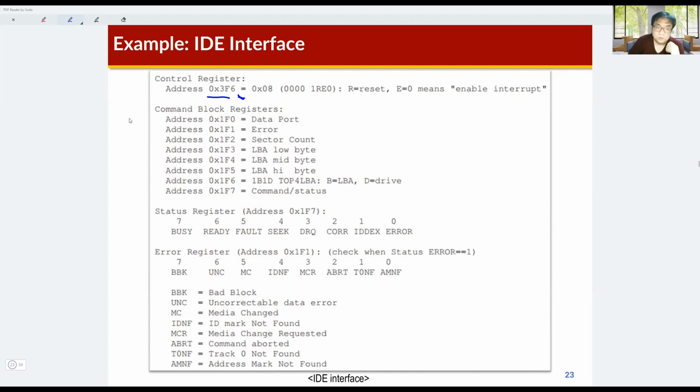You can find the control register here, and the command register, and the status register, and error registers. So this IDE interface has its own addresses for the registers. Okay, so how can the operating system control this IDE storage device?